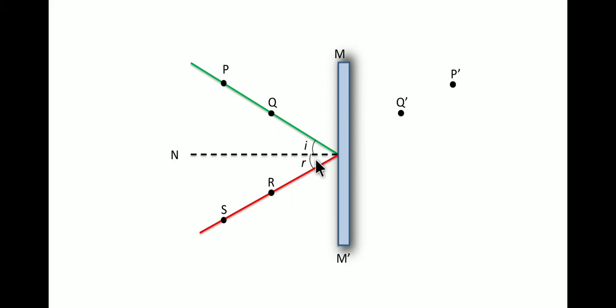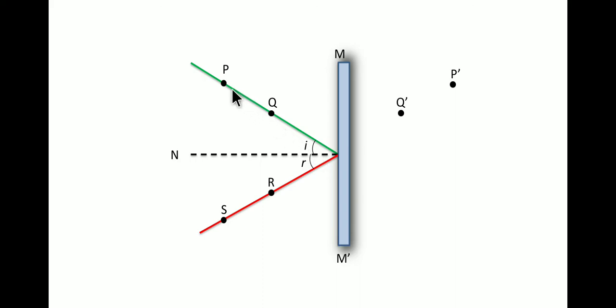So what we'll do over here is measure the angle of incidence and the angle of reflection. In every condition you will find that the angle of incidence is always equal to the angle of reflection.